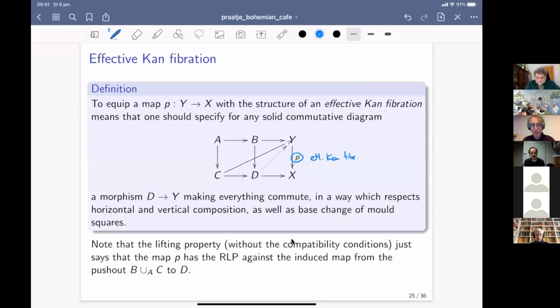I think you can see my mouse. So I have a picture which looks like this. Over here I have my mold square, and I also have this map from C to Y. What I want to be able to find is this dotted arrow, this map from D to Y, which makes everything commute.